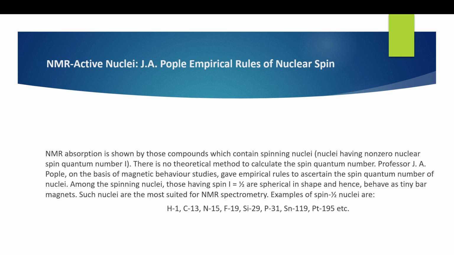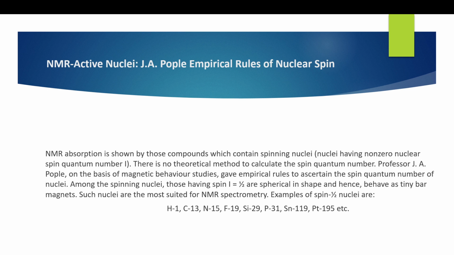Next, if the sum of protons and neutrons is an odd number, then spin is either half or a multiple of half, but half integral only, not whole integral. The nuclei which have spin half are hydrogen, carbon 13, nitrogen 15, fluorine 19, silicon 29, phosphorus 31, tin 119, platinum 195.